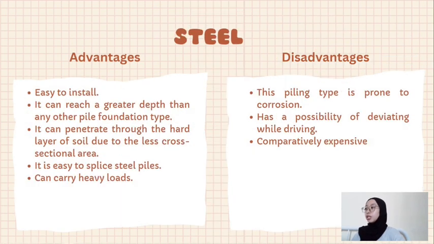Okay, the last one is steel piles. Steel piles may be H-section or hollow pipes. They are filled with concrete, and the size may vary from, I'm mistaken, 10 inches to 24 inches in diameter, and the thickness is usually 3/4 inch.